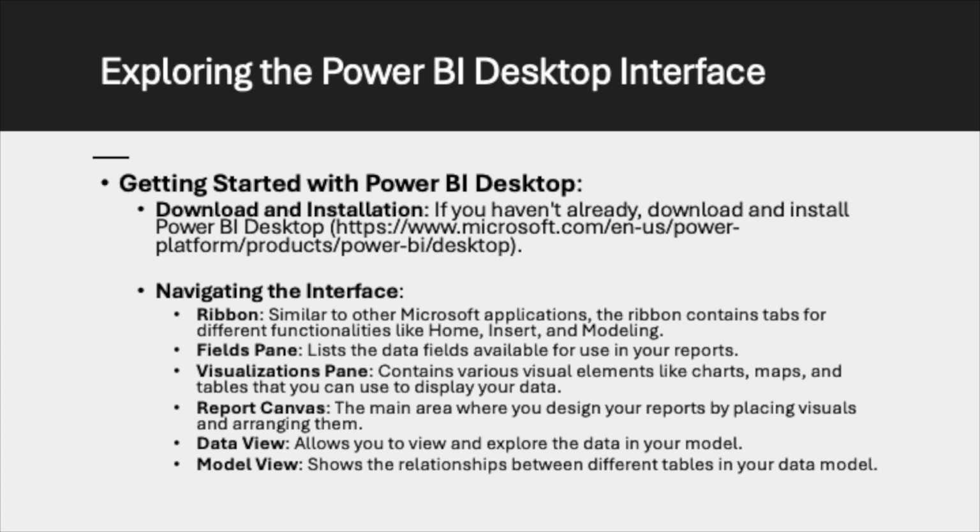We also have the report canvas, the main area where you design your reports by placing visuals and arranging them. We have the data view, which allows you to view and explore the data in your model. And finally, we have the model view, which shows the relationship between different tables in your data model.